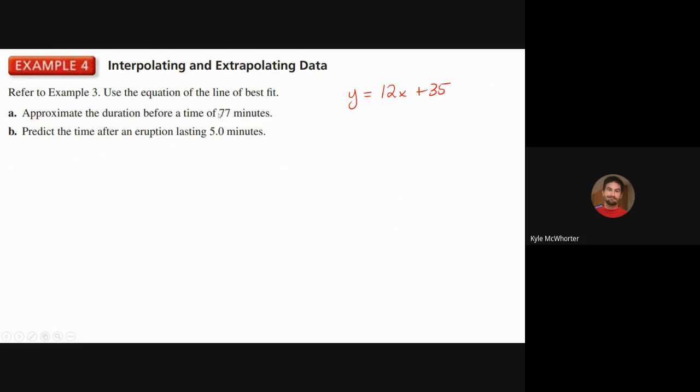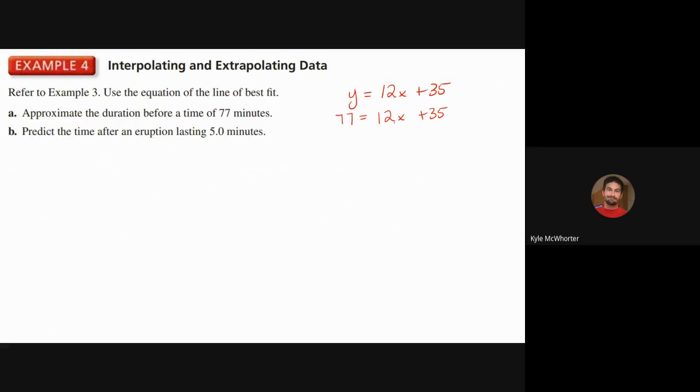If there's a gap between eruptions of 77 minutes, how long was the eruption right before that? So we're going to plug 77 in for y, and then solve for x.